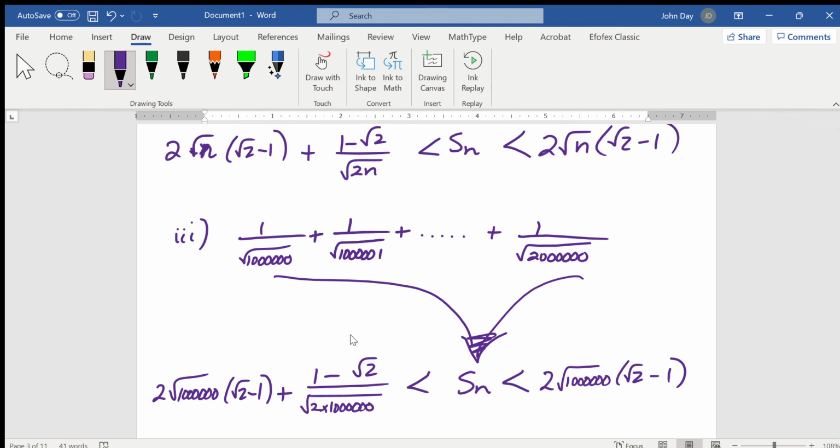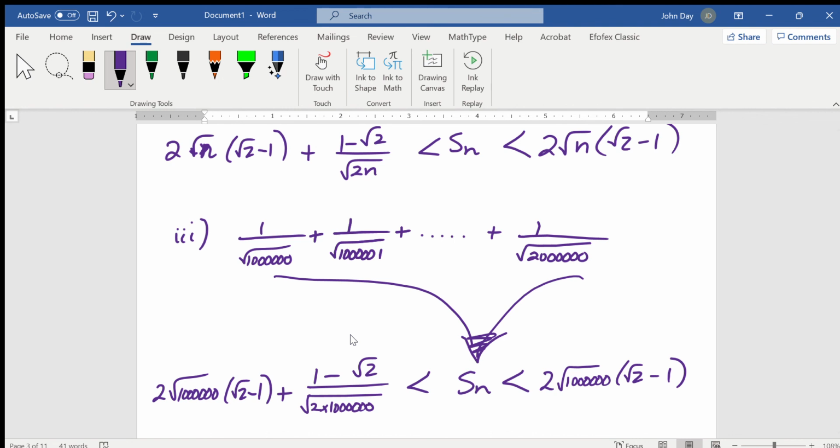All right, so if I put that on the calculator in the left-hand side and put it on the right-hand side, I must get figures that are fairly close to each other. So let's have a look and see what we get. So we've got 2 times root 1 million, times root 2 minus 1. So that ends up being 2 root a million times root 2 minus 1.